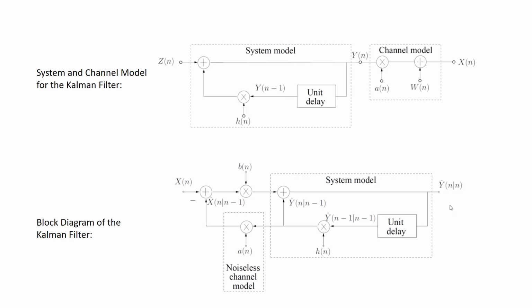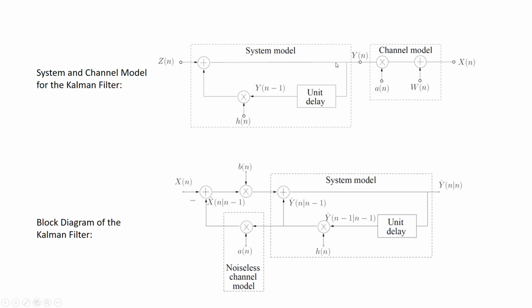In this slide, we can see the block diagrams of the system and channel models used in the Kalman filter, as well as the block diagram of the Kalman filter itself at the bottom. For the time being, we will focus on the top part, and we will discuss the Kalman filter in a later video. If we look at the top diagram, on the left-hand side we have the system model.